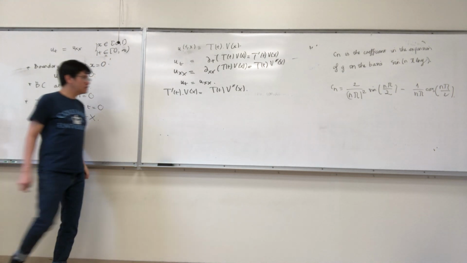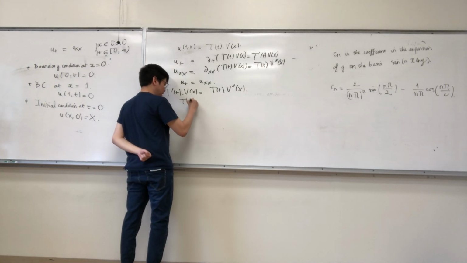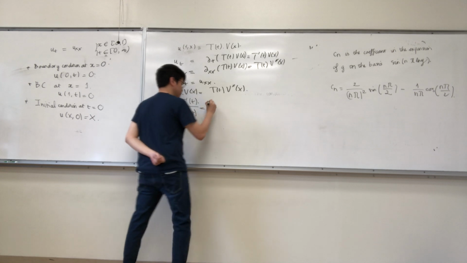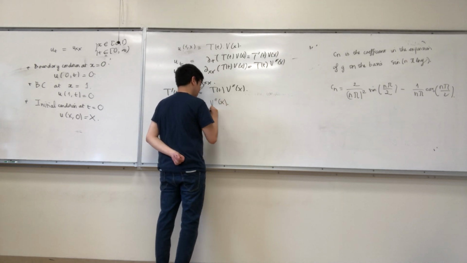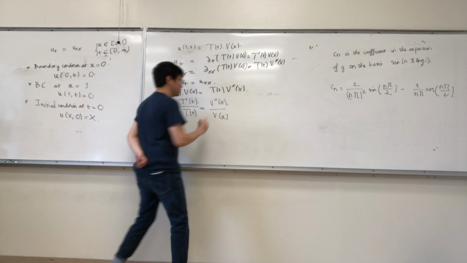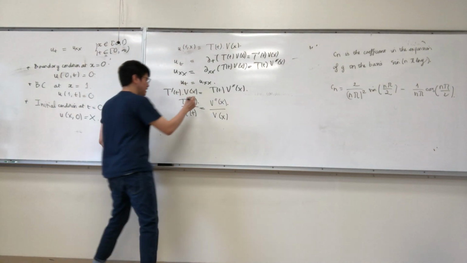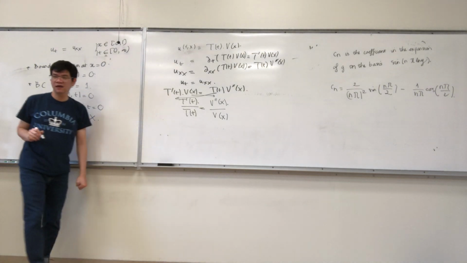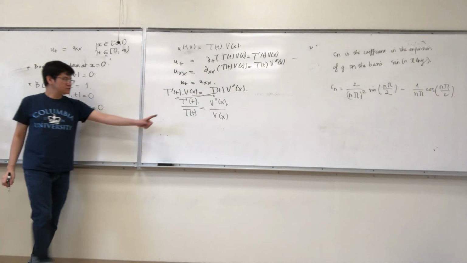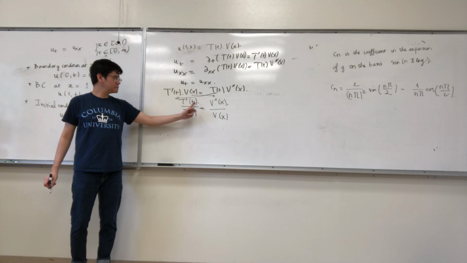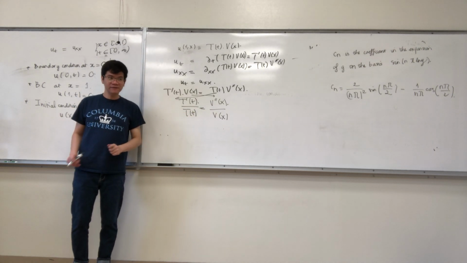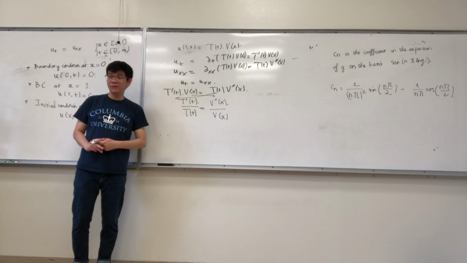All right? So now you have T'(t) over T(t) is equal to V''(x) over V(x). Right? So I'm going to divide V(x) to the other side and T to this side. So I'm going to have T'(t) over T(t) is equal to V'' over V. Questions?